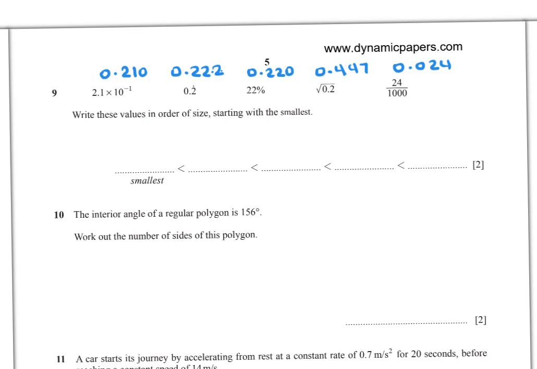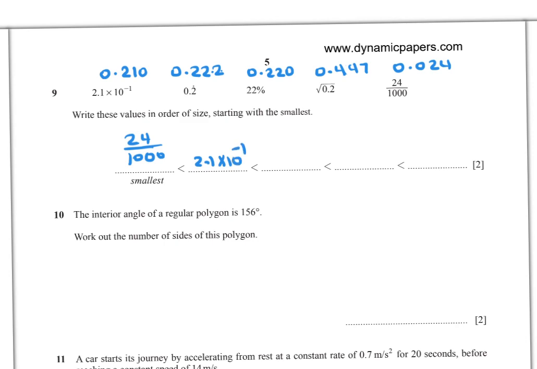Which one is the smallest? We have 2, 2, 2, 4, 0. So this is the smallest one, so 24 over 1000. Next one, we have 2, 1, so this one, 2.1 times 10 power negative 1.